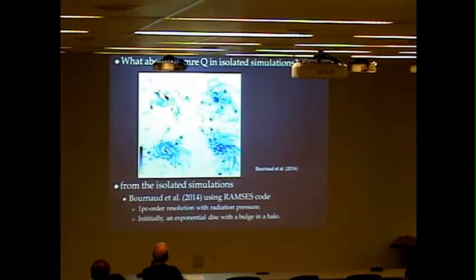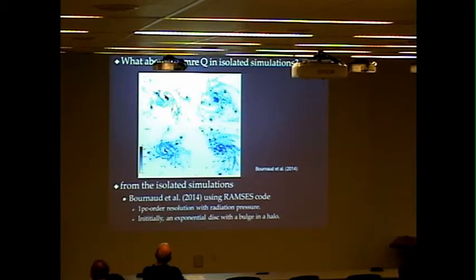Okay, next one. What about in an isolated simulation? Andy has already shown this, but it's interesting to show the same calculation in an isolated simulation. The data was provided by Frederick Bonneau, and this simulation was done with the RAMSES code.